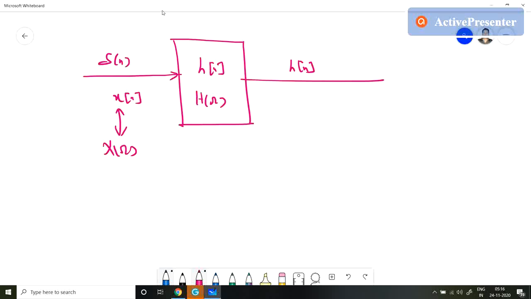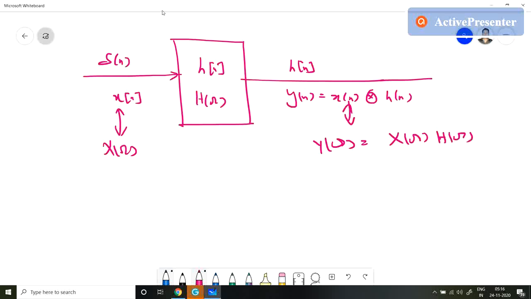If we give the input as δ[n], then the output is the impulse response, and if we give x[n], then y[n] is equal to x[n] convolved with h[n], that is, Y(Ω) is equal to X(Ω) into H(Ω). So consider the complex exponential sequence.